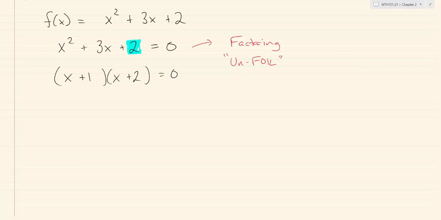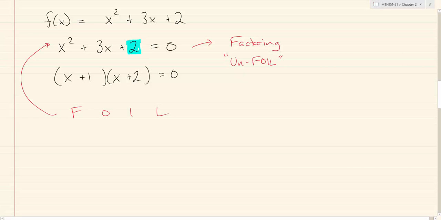If you're in doubt, you can always FOIL it, run the system backwards to see if you get back to where you started. Here's the F, the first term. That's x squared, x times x. The O is 2x. The I is 1x.